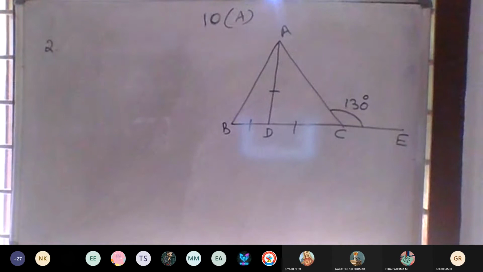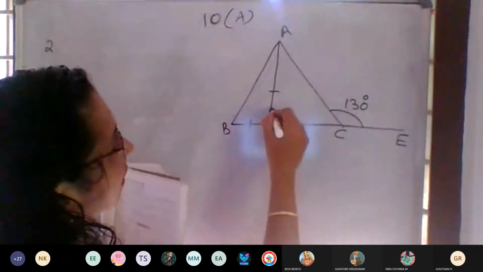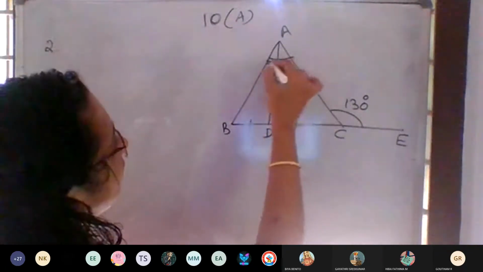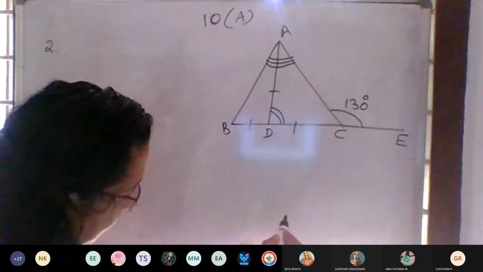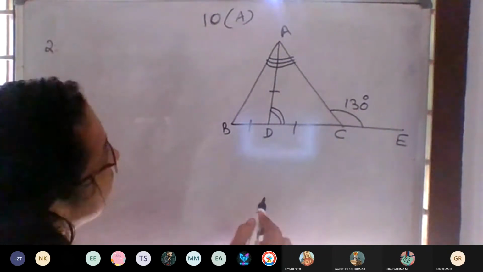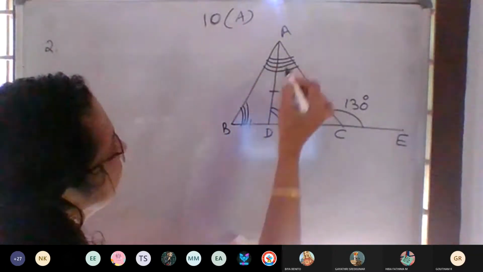After that, we can write. Then what are the things given? We have to calculate angle ADC, angle ABC, angle BAC. ADC means this angle we have to find out. Then angle ABC means the total angle. Then BAC means this total angle.